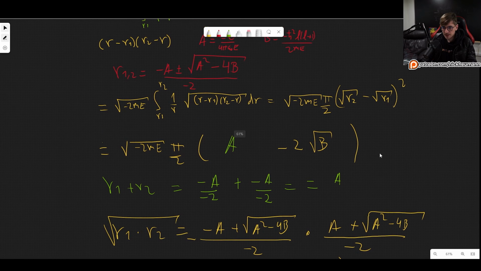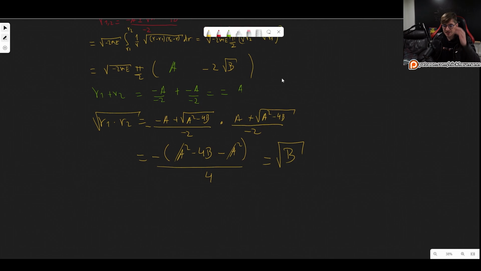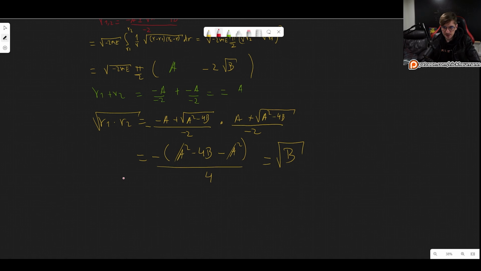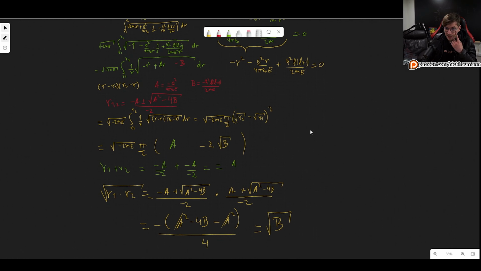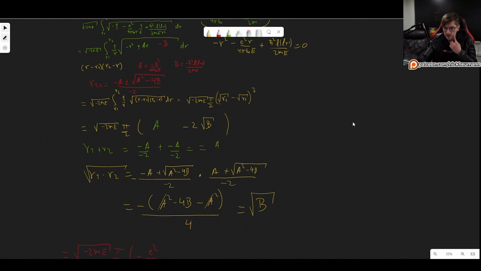Okay, and now in principle we are kind of done, but at least we did the hard part. Now we simply need to plug everything in and start finding the energy levels. So we have square root of minus 2me times pi over 2. And what was A? Let's plug in A. A was minus e squared divided by 4 pi epsilon 0, right, with the e, yes.